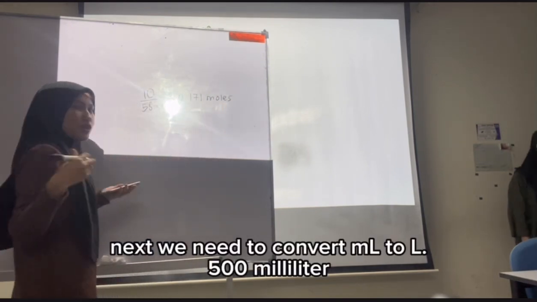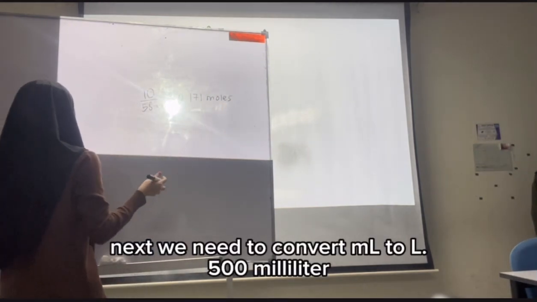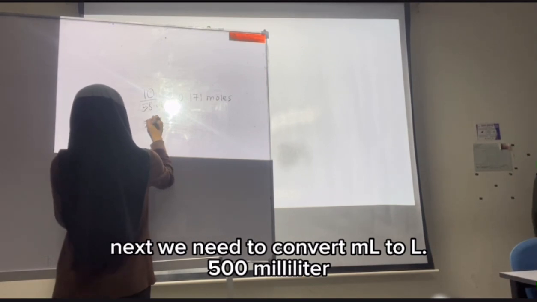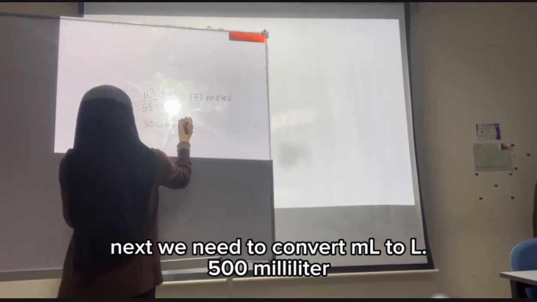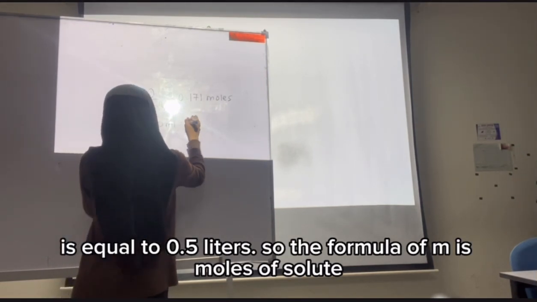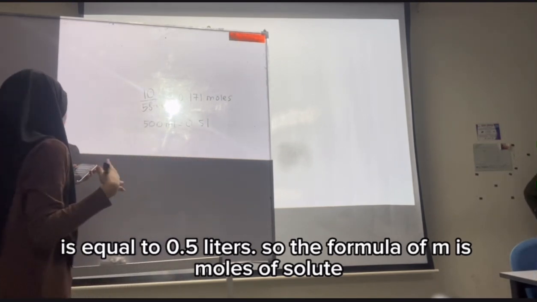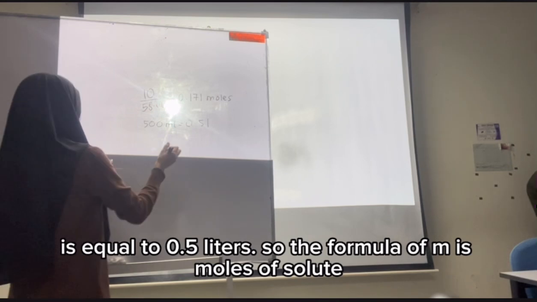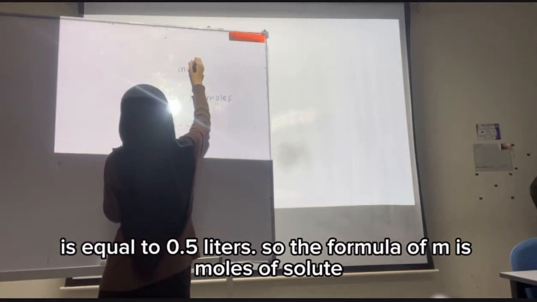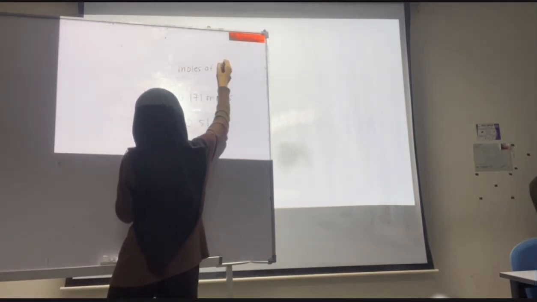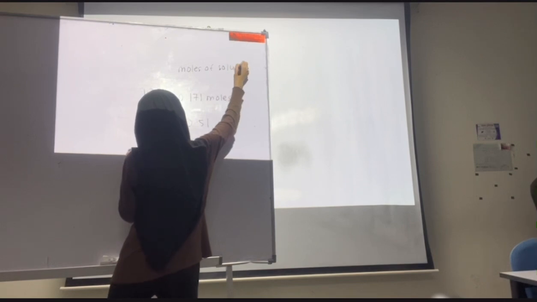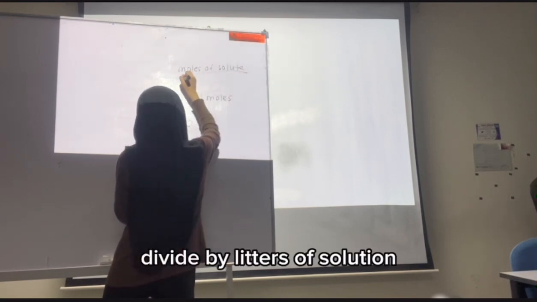Next, we need to convert milliliters to liters. 500 milliliters is equal to 0.5 liters. So, the formula of M is moles of solute divided by liters of solution.